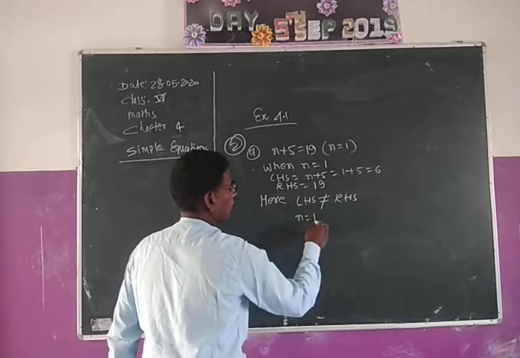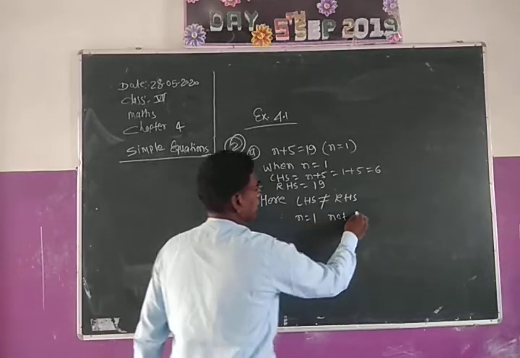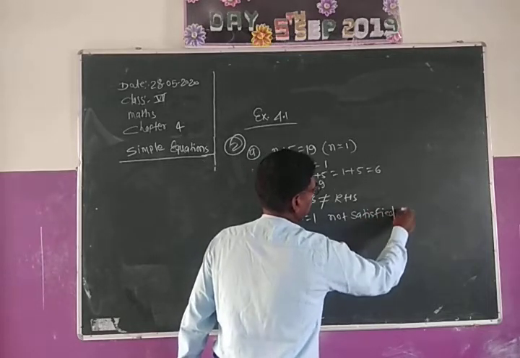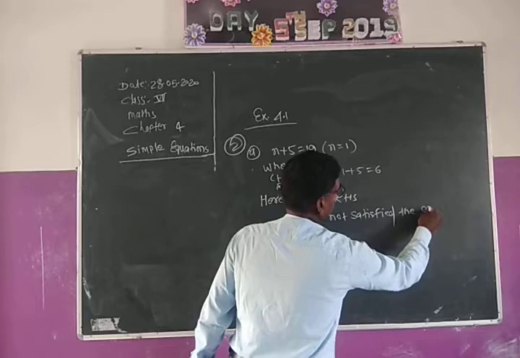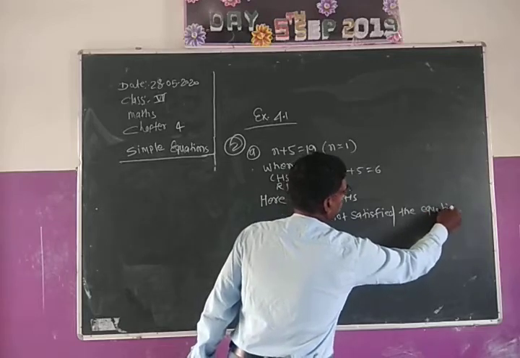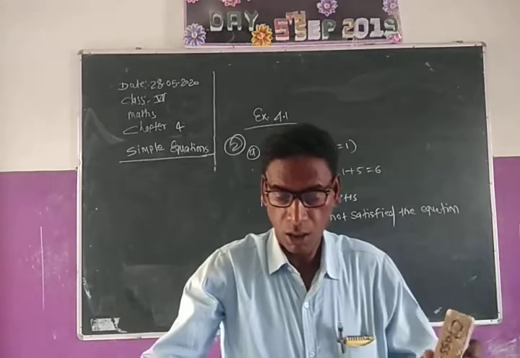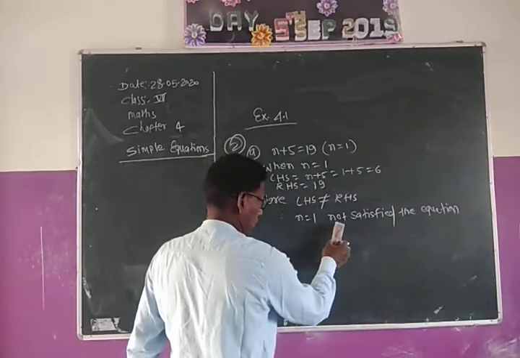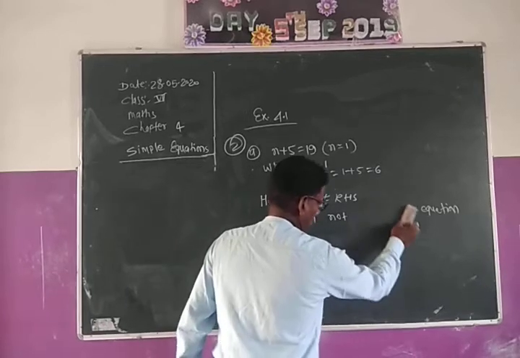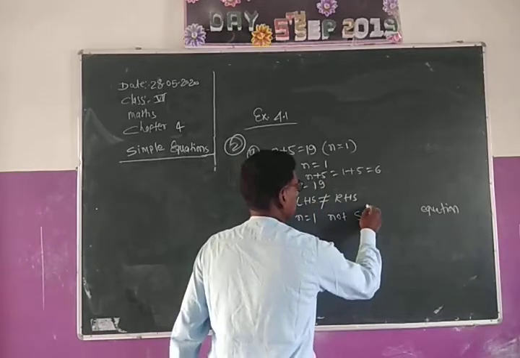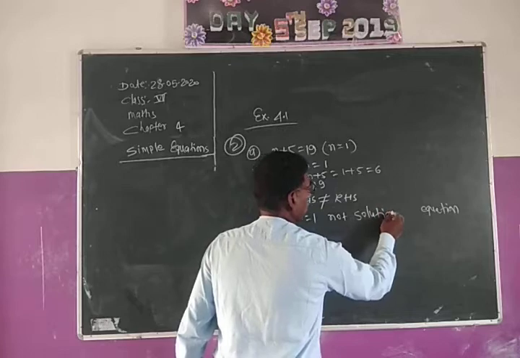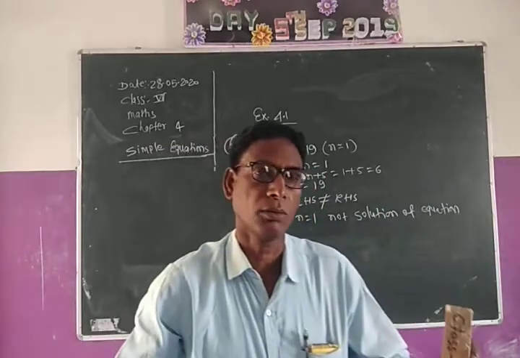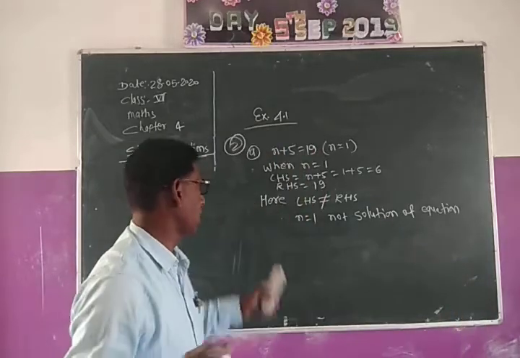Therefore, n is equal to 1 does not satisfy the equation, or you can write n is equal to 1 is not a solution. Both are correct: not satisfied or not a solution of the equation.